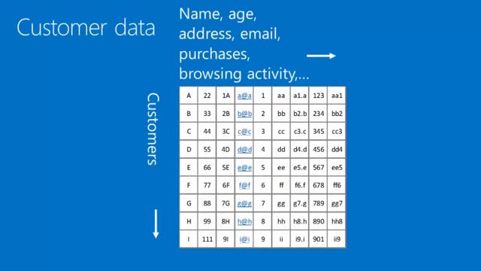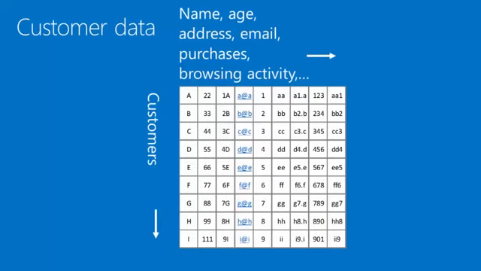Each row is a separate customer, each column is a separate piece of information about that customer, such as their name, their address, what they bought, what websites they visited. This doesn't so much look like a picture. I can rearrange those columns and rearrange those rows, and this still means the same thing. It's still equally easy to interpret.